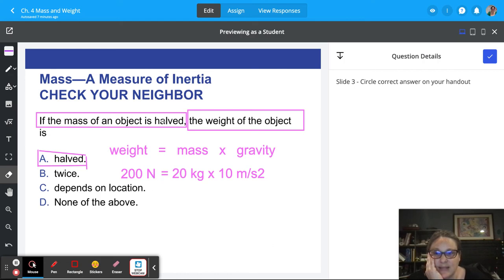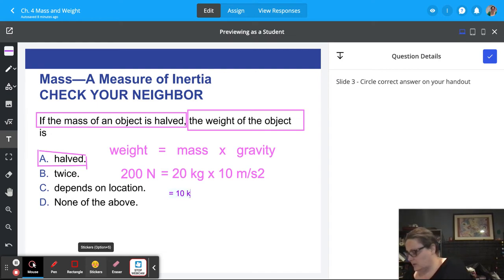Now, if it says if the mass is halved, what happens to the weight? So we are assuming that the gravity is the same. Okay, so this is going to be equal. Mass halved would be 10 kilograms. Gravity would stay 10.